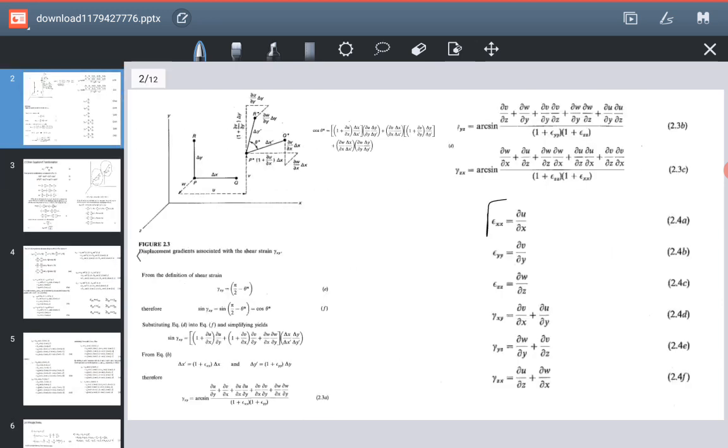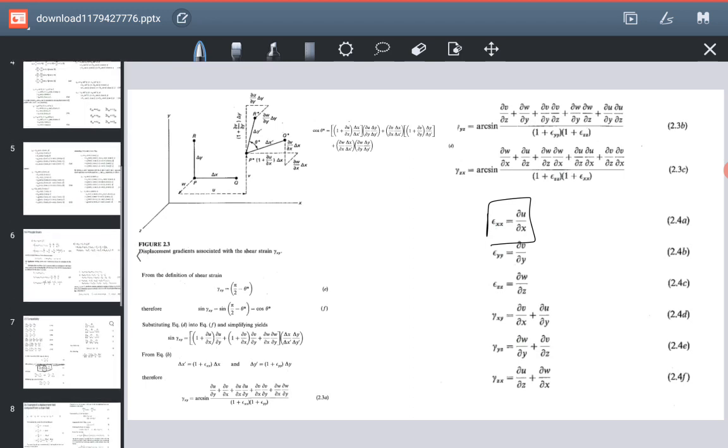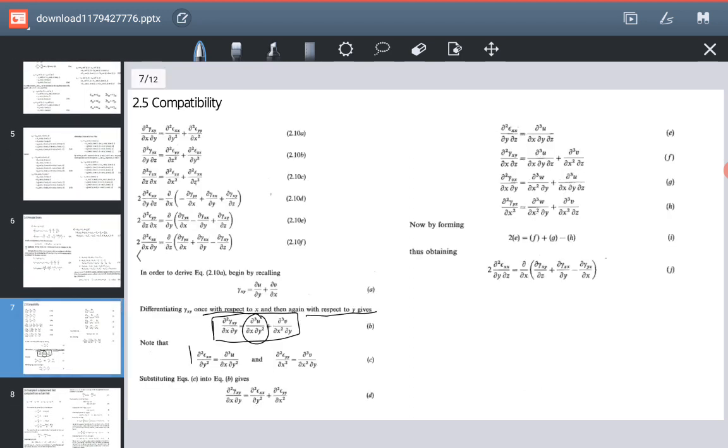Similarly, if we differentiate y 2 times, we can come up with this result. So we just put this value here and we get this final result. So nothing to explain here. You can say it's just simplification.